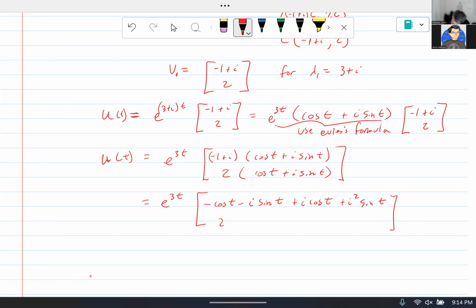And this becomes 2 cosine t plus 2i sine t on the bottom.